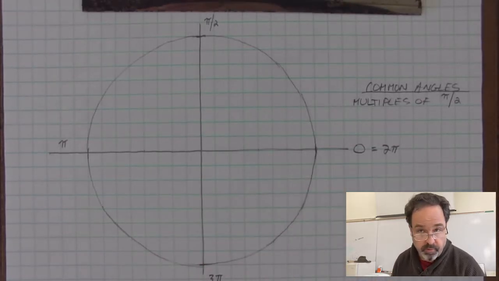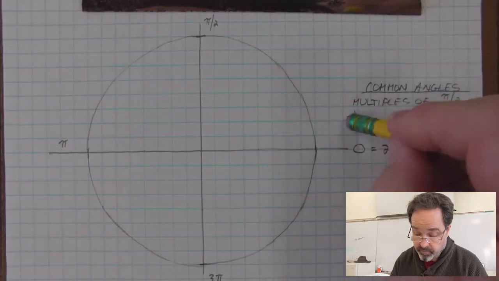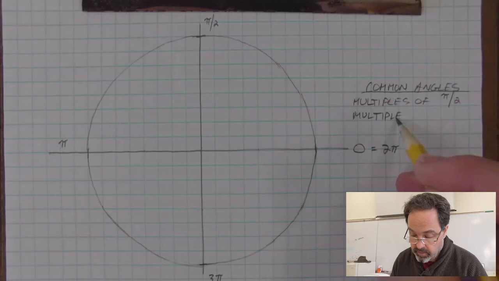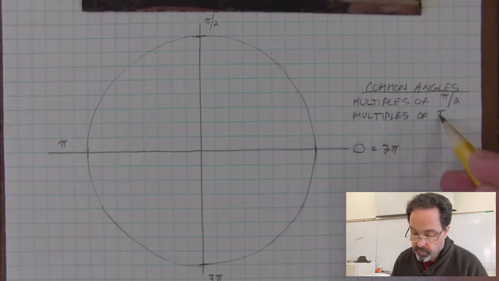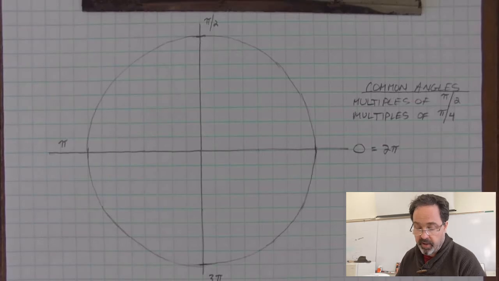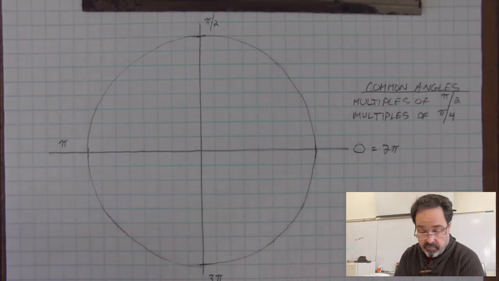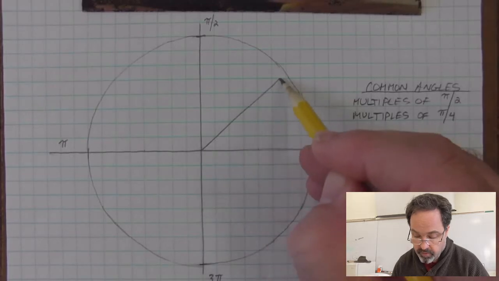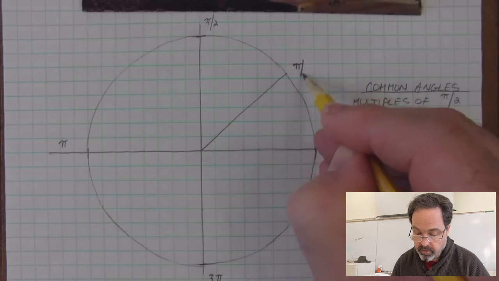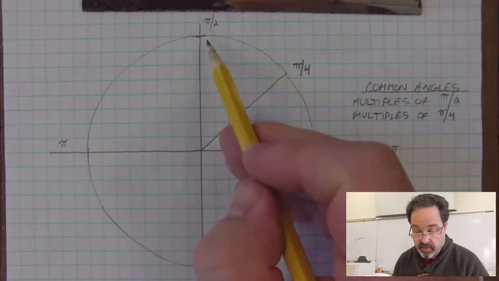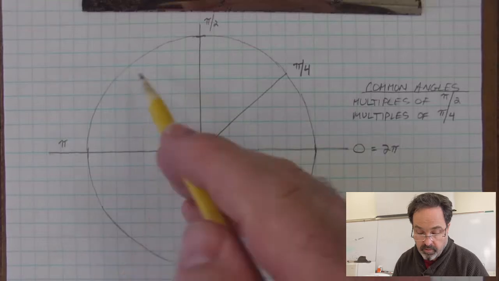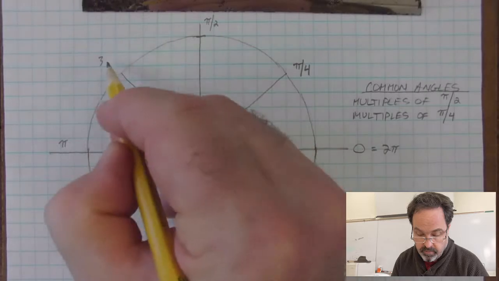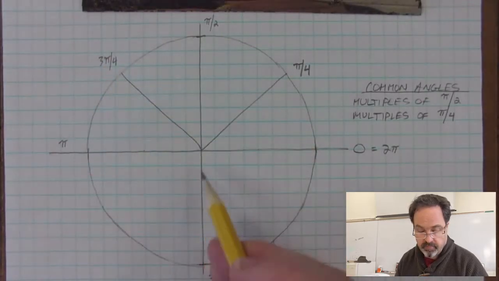The next angles that we're going to include are multiples of 45, which include the multiples of 90. We're going to do it in radians first. Pi over 4 is equivalent to 45 degrees, and we find the first angle as a multiple of pi over 4 here, approximately. The next is pi over 2, and then in the second quadrant, 3 pi over 4 radians.